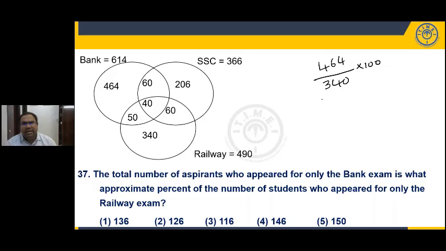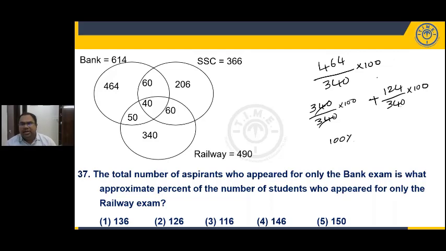I can actually write it like this. 340 by 340 into 100 is 100% now. Plus how much extra do I have if I remove 340? 124 by 340. This is what percentage I have to find out.